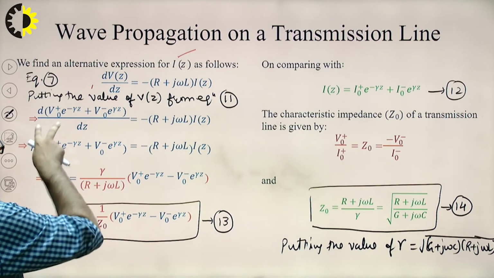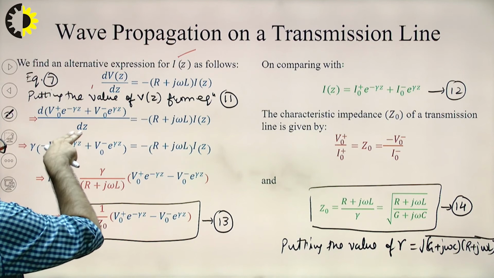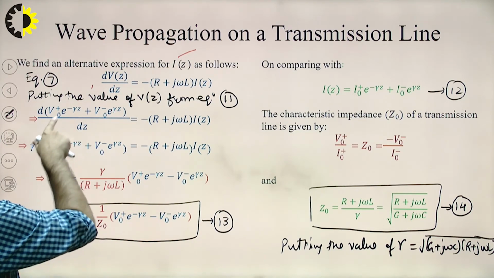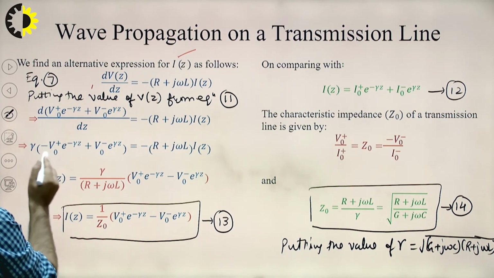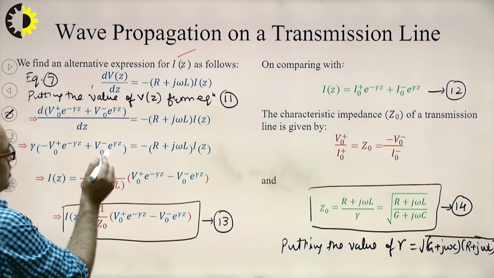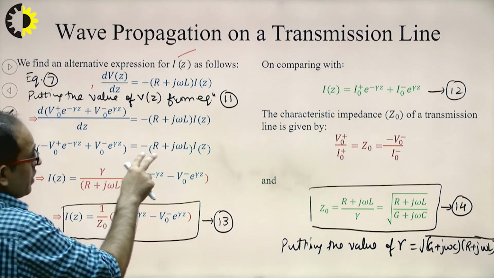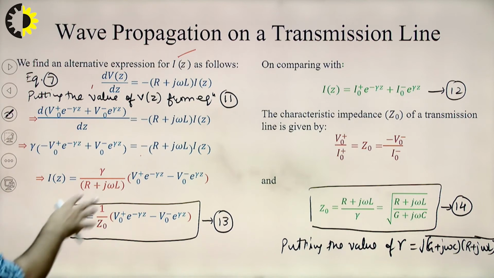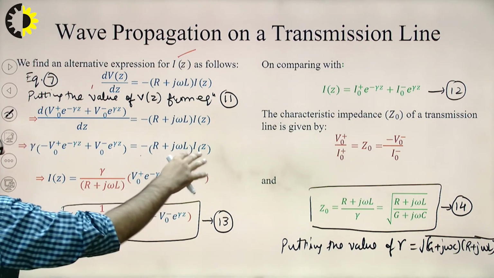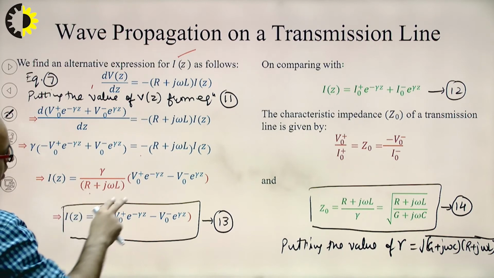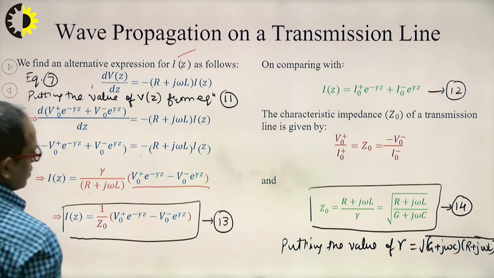Now on taking the derivative with respect to z, it will be gamma into minus of V0 plus e to the power minus gamma z plus V0 minus e to the power gamma z, equal to minus of (R plus j omega L) I(z). So taking I(z) on one side, you will get gamma upon (R plus j omega L) will be equal to this one.